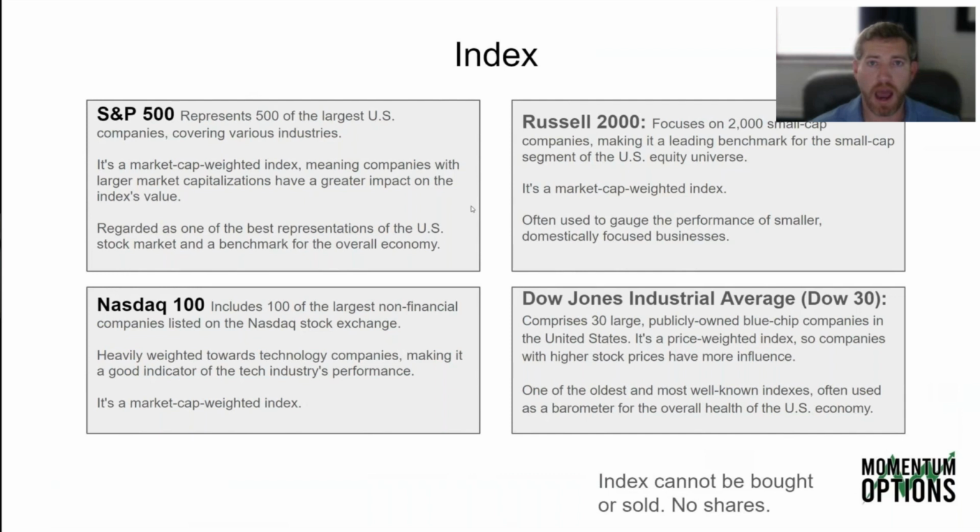But there's still 500 of the best stocks from all different sectors in the market. Versus the NASDAQ 100, which is just 100 of the largest non-financial companies listed on the NASDAQ exchange. So the NASDAQ is more information technology weighted. There's a lot more tech style stocks in the NASDAQ.